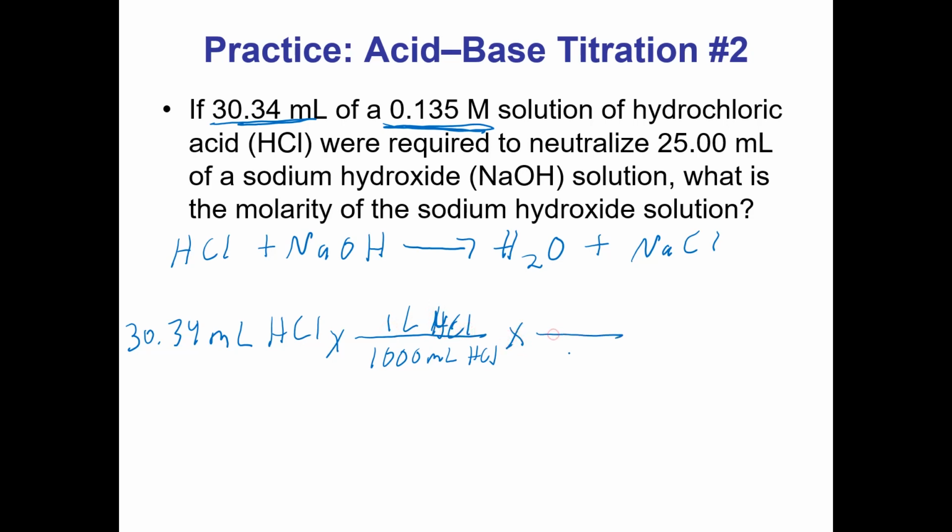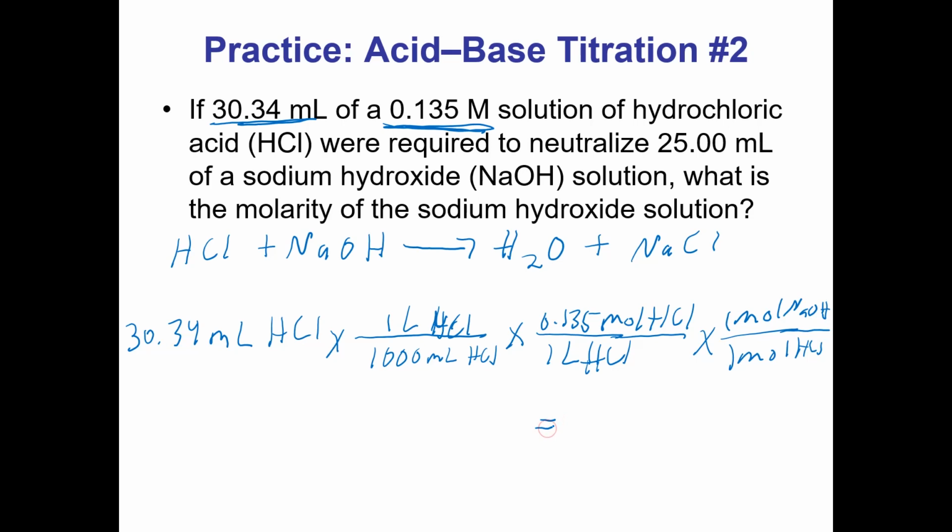And then for every 1 liter of hydrochloric acid, we have 0.135 moles of hydrochloric acid. And then 1 mole of hydrochloric acid reacts with 1 mole of sodium hydroxide.